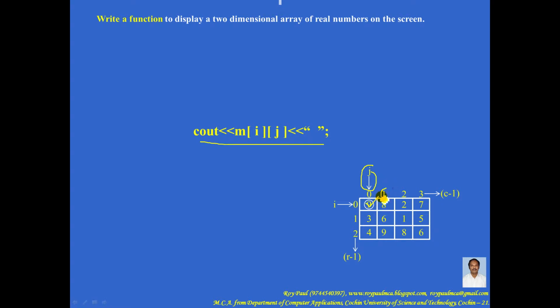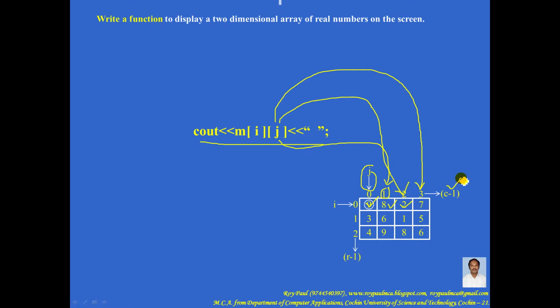If j is substituted as 1, I get this element. Similarly, if j is substituted as 2, I get this element. And finally, if j is substituted as 3, the upper bound of the column, in general c minus 1, I get this element.